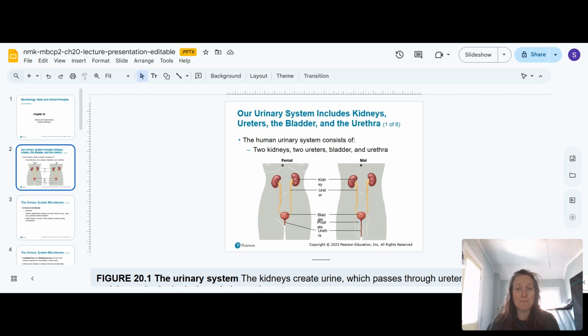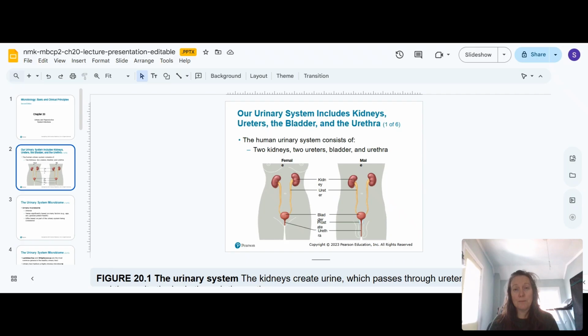It takes more time for the bacteria to make that trip up to the bladder in a male. Also, the urethral opening in a female is closer to the anus than with a male. So that can also lead to contamination of the urinary system.